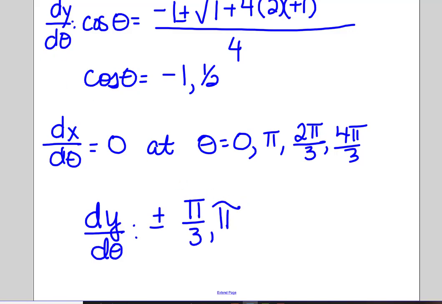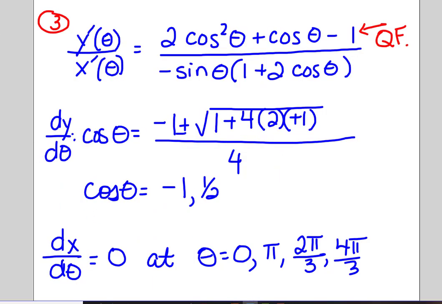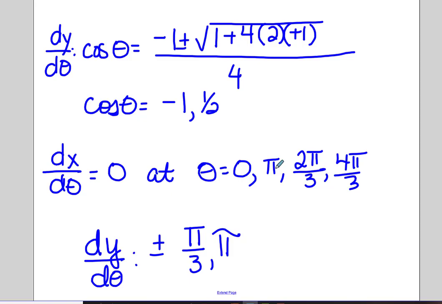So let's go back and look at the graph for a minute. We have some vertical tangent lines. There's one here and here. And we have a vertical tangent line here, a horizontal tangent line here, and a horizontal tangent line here. So the place where we have, let's take a look at our information, I think we don't have a conclusion at pi. That would be no conclusion.